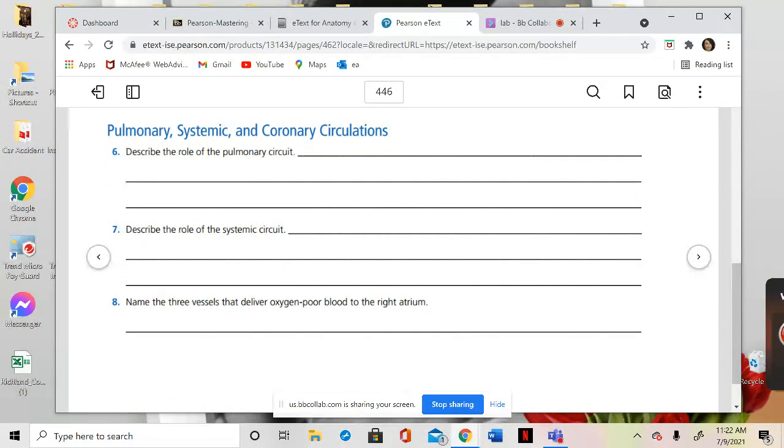I told you what the pulmonary circulation is, what the systemic circuit is, and what the coronary circulation is.